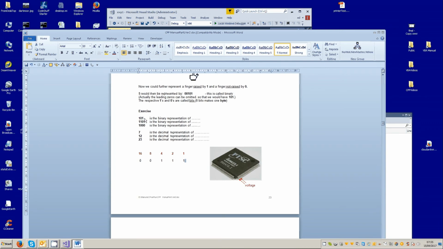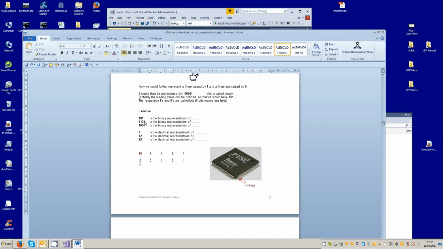I think I'm looking for 5. So 5 is represented as 1, 0, 1. That's a 4, no 2s, and a 1. They all add up to 5. So that is the binary representation of 5.